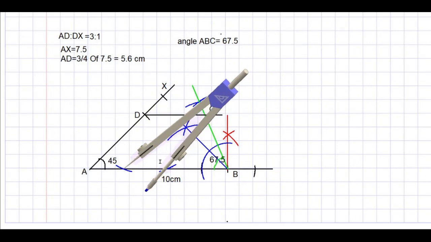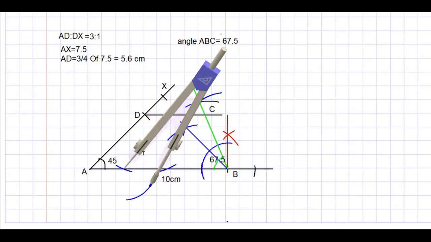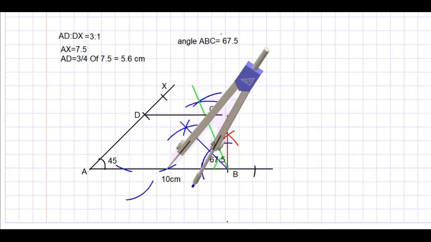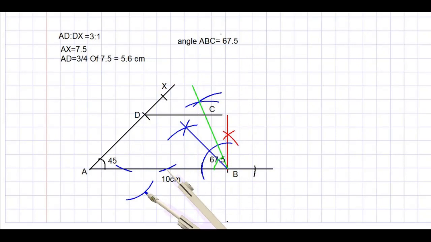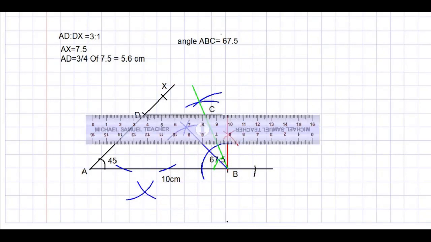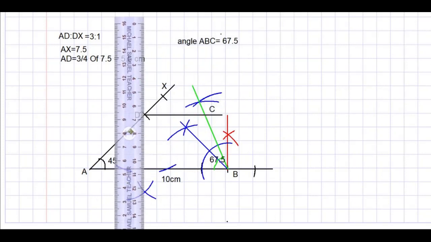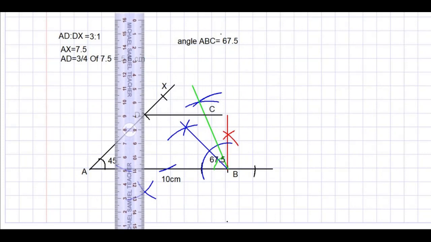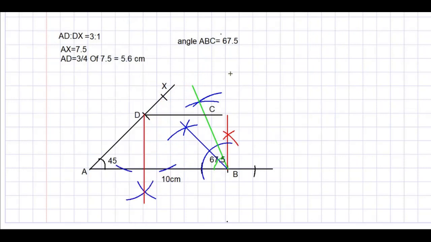Once we draw the other arc, now we can join the intersection of the axis and point D, so that we drop the perpendicular from D to AB at E. So using a ruler, we draw that perpendicular line. So that will be point E. So DE, that's the perpendicular height of that trapezium ABCD.